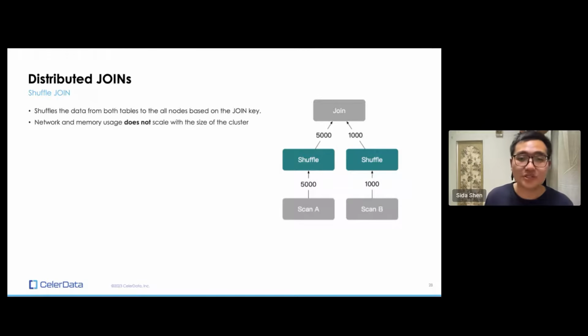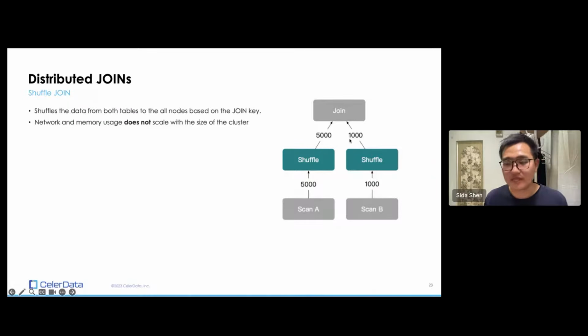Shuffle join shuffles the data of both tables to all of the nodes based on the join key. Say if you have 200 nodes, the data that's being transferred in the network and processed in memory is still 5,000 rows and 1,000 rows.